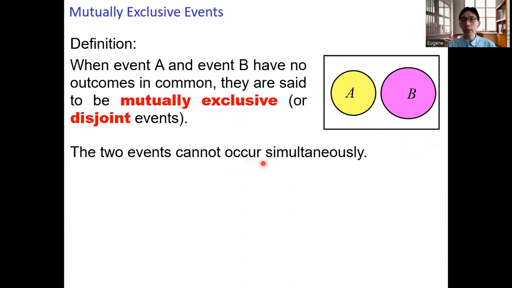So the two events cannot occur simultaneously. So A intersect B is an empty set. No sample points in common. So the number of elements in the intersection of event A and event B is 0.